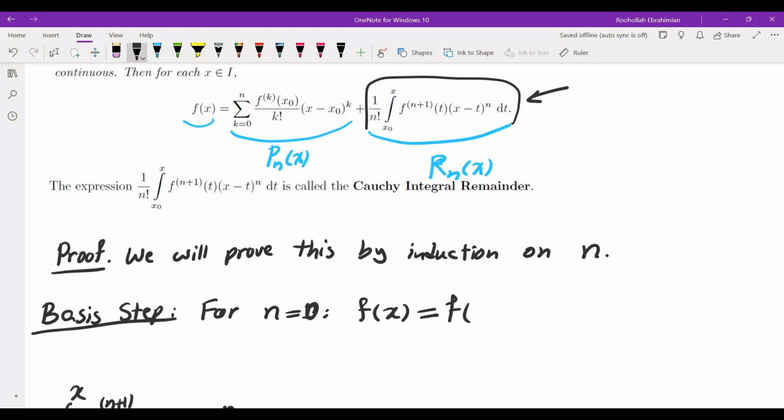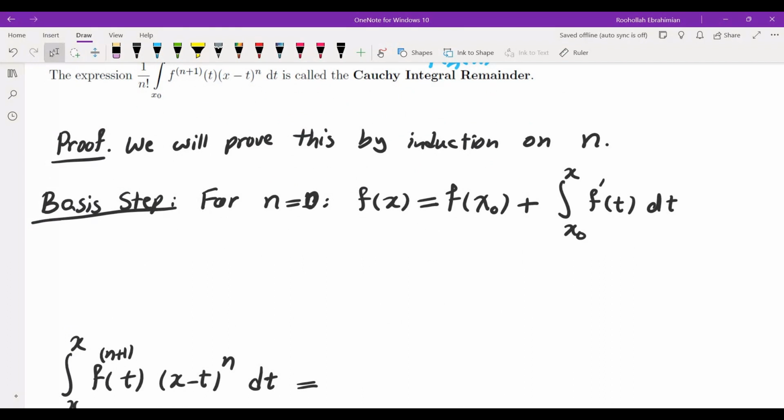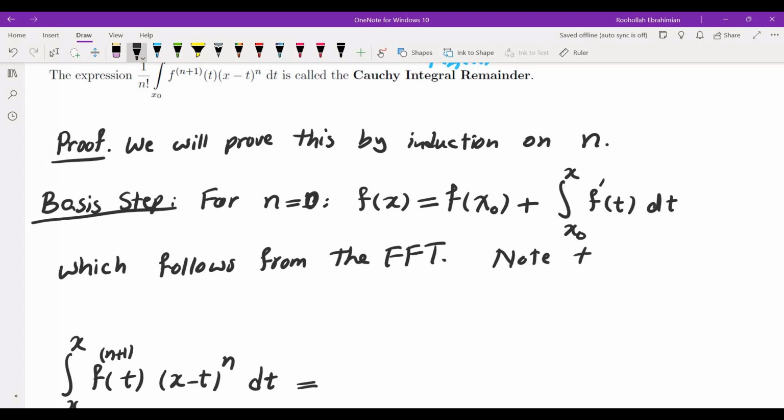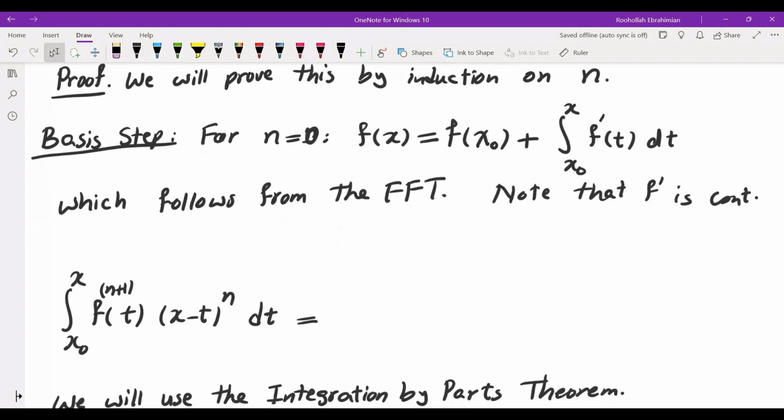It is f of x equals f of x0 plus the integral from x0 to x of f prime of t dt, and this follows from the first fundamental theorem. Note that f prime is in fact continuous, so we can apply the first fundamental theorem.